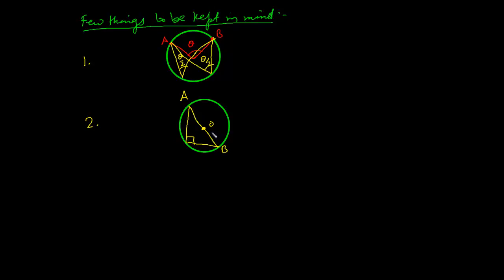That means if we make a triangle inside a circle with one of its sides as the diameter, it would always be a right angle triangle. So wherever we make a triangle in this figure, it would always turn out to be a right angle triangle. Keep these two things in mind to answer a few questions better and faster on circles.